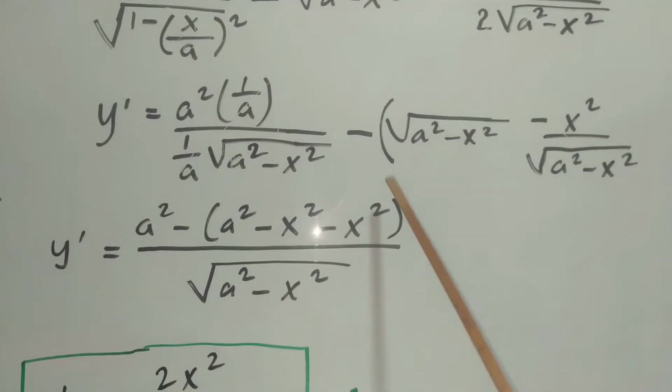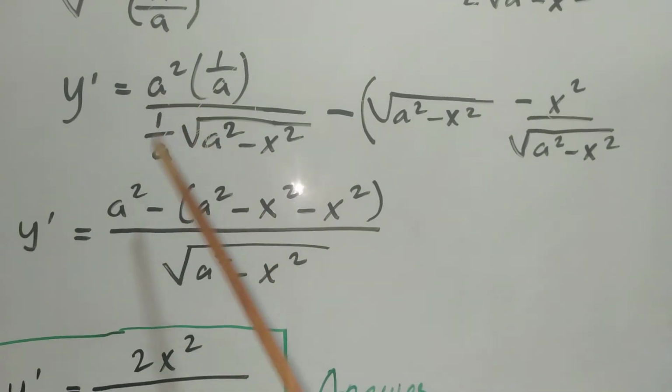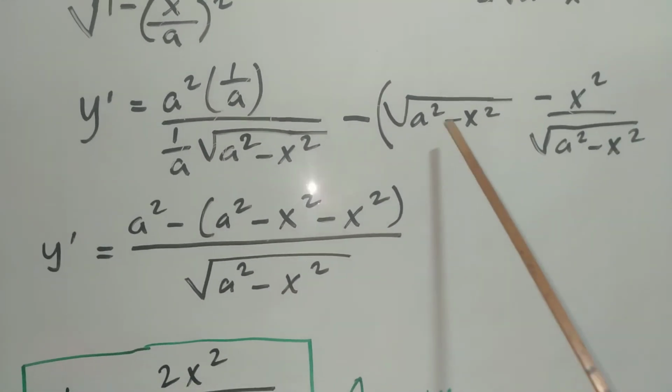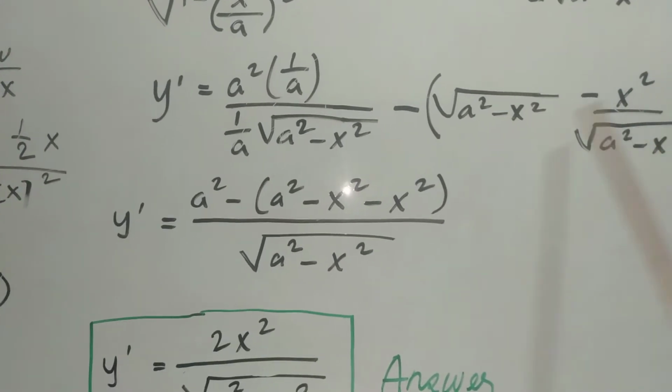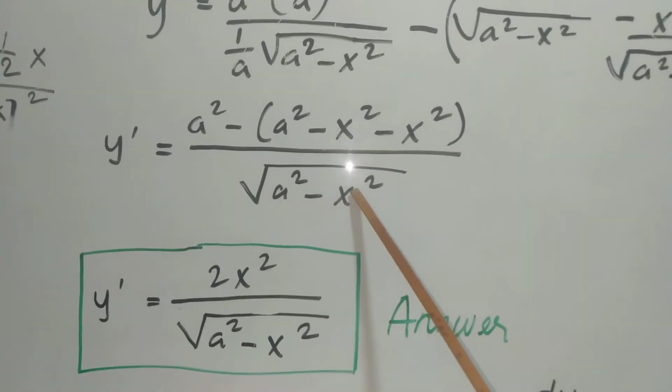So it becomes a squared minus x squared, minus x squared, over the square root of a squared minus x squared.